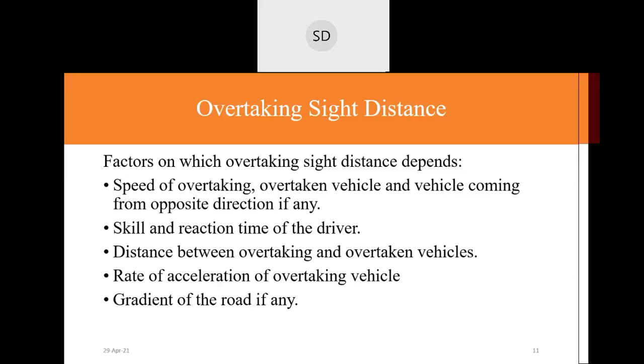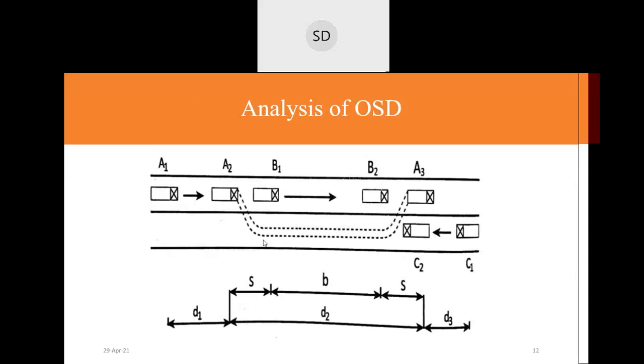Then the rate of acceleration of the overtaking vehicle, that is, how much you are accelerating your vehicle to overtake, and the gradient of the road if there is any. Here, the reaction time of the driver is considered as 2 seconds for the overtaking operation.